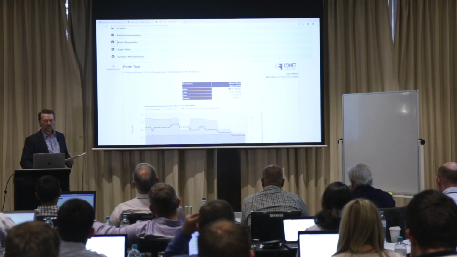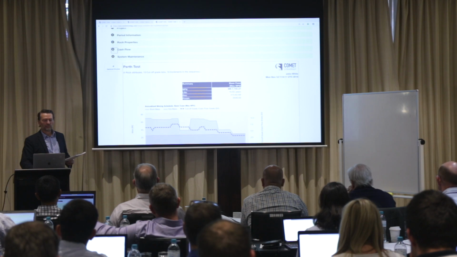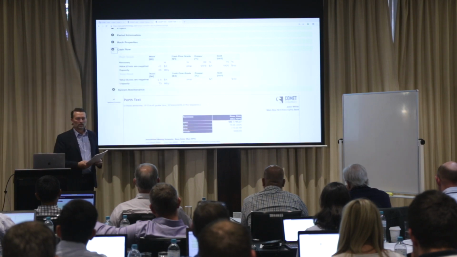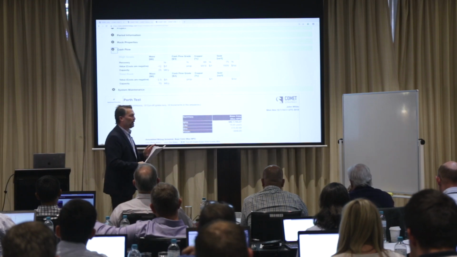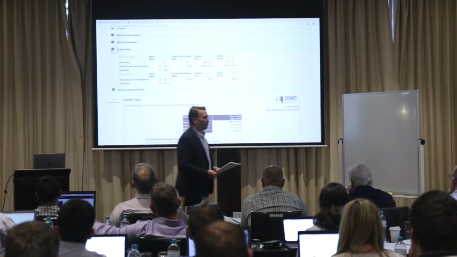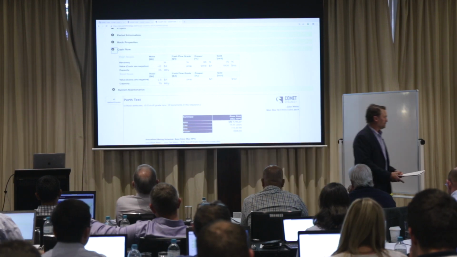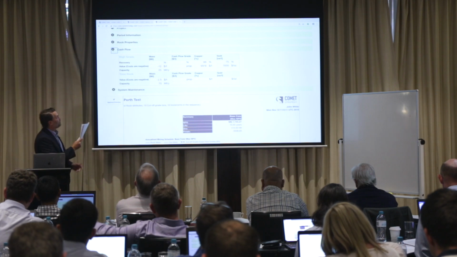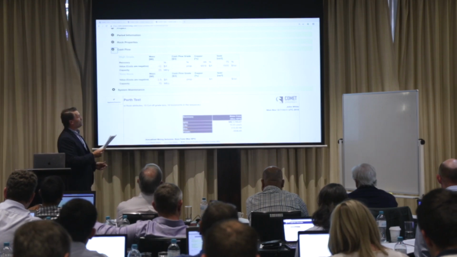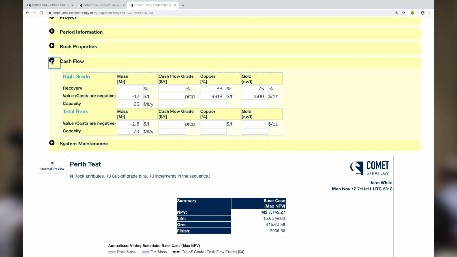Now, most of our costs actually go in here under cash flow. Under cash flow, we have two parts: the ore part and the total rock part. The first part where it says high grade, the best material above the cut-off grade, this is what's going to happen to it.